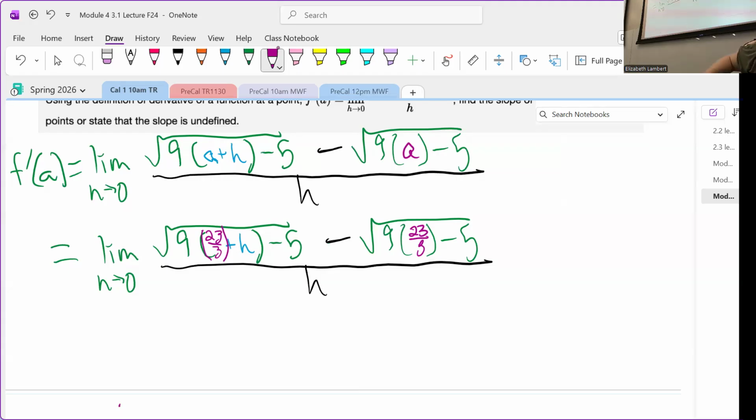Sounds like a great time for the calculator. So 9 times 23 divided by 3 is 69.